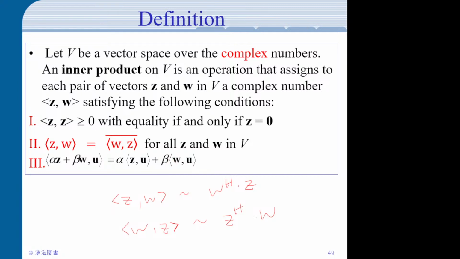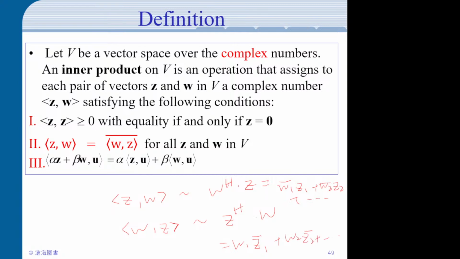This thing, w conjugate transpose times z, is w1 bar z1 plus w2 bar z2 plus and so on. And the other one, with z's conjugate, is w1 z1 bar plus w2 z2 bar plus and so on.